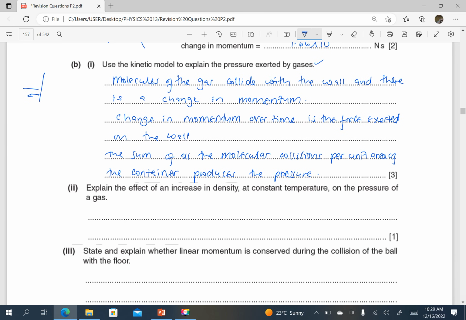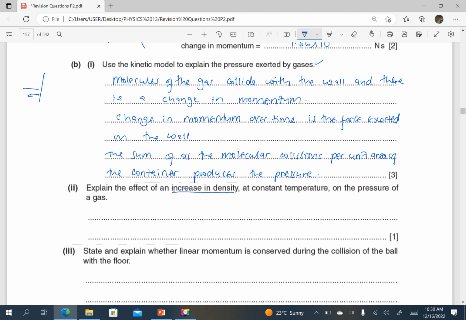Explain the effect of an increase in density at constant temperature on the pressure of a gas. So the temperature is not increasing, but the density is increasing.